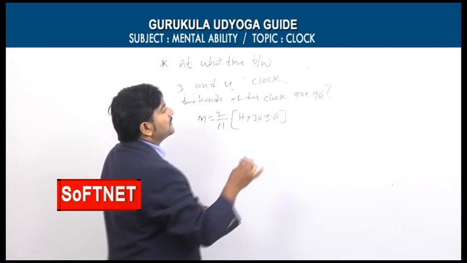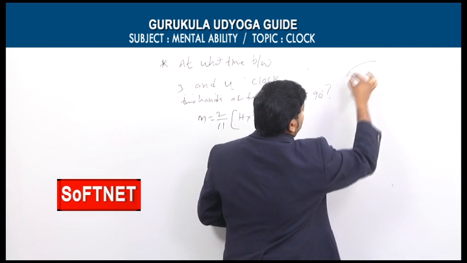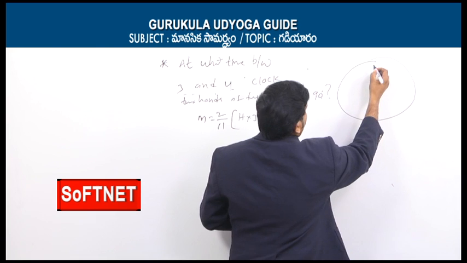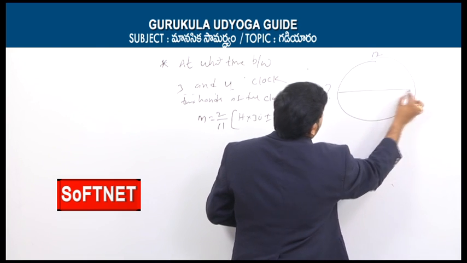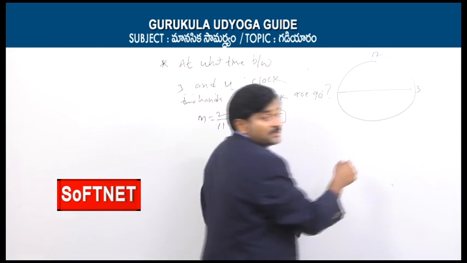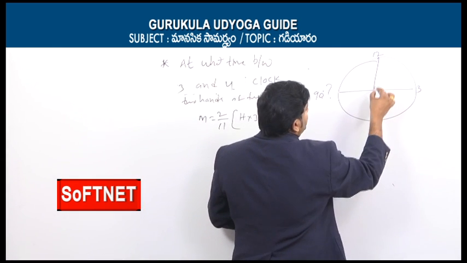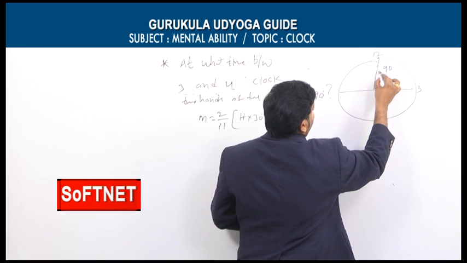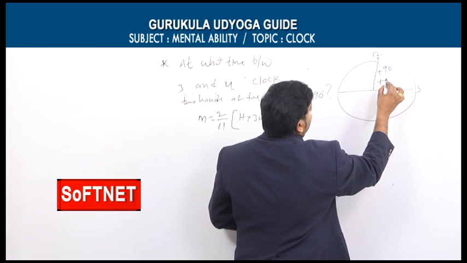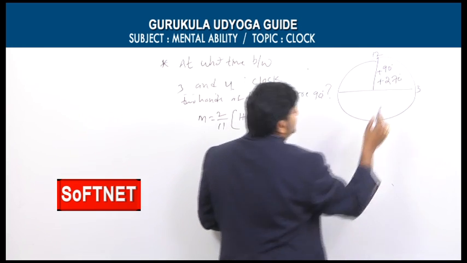For this also we have one small note. Just focus on this note. If the given time is in between 12 o'clock to 3 o'clock, then we need to take theta is equal to plus 90 one time and theta is equal to plus 270.